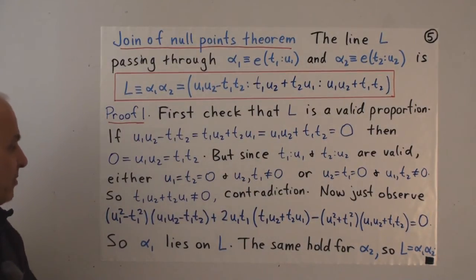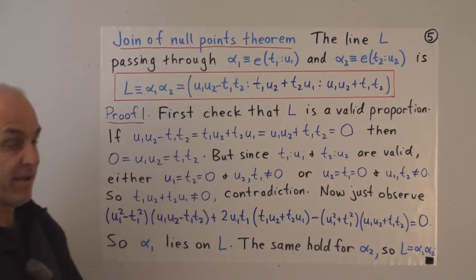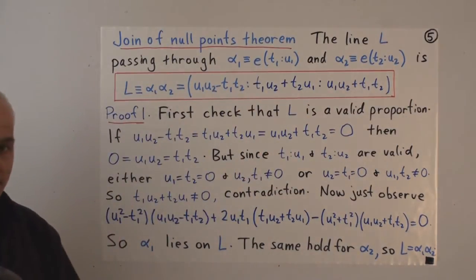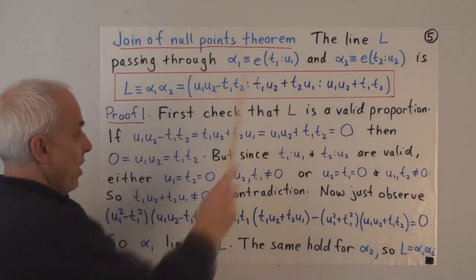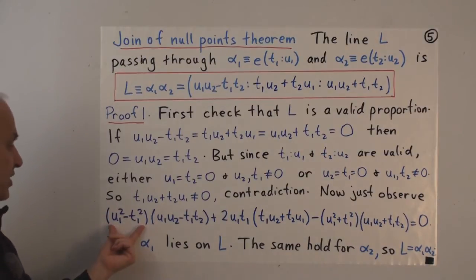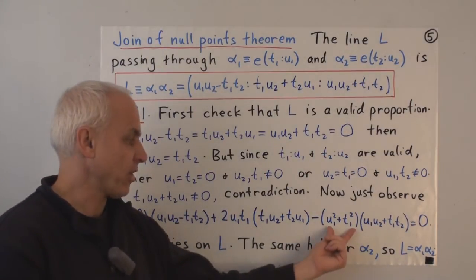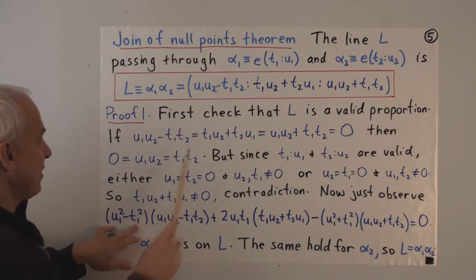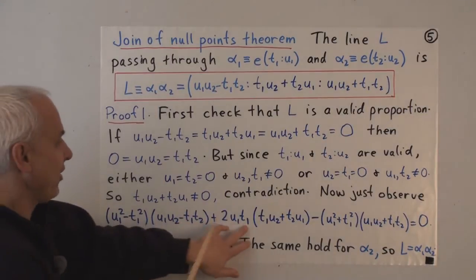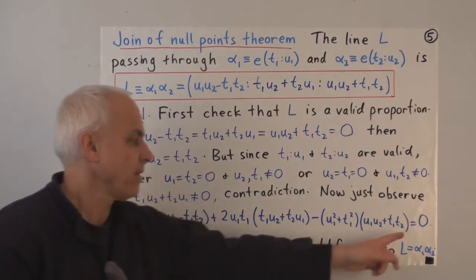Now the other thing that we have to observe is that the 2 points that we started with actually lie on this line. How do we check that? Well, e of t1 u1 has coordinates u1 squared minus t1 squared, 2u1 t1, and u1 squared plus t1 squared. So we need to check that this times this plus this times this minus this times this equals 0.